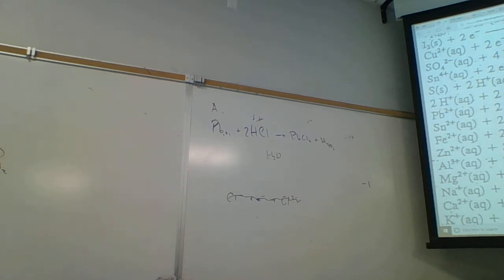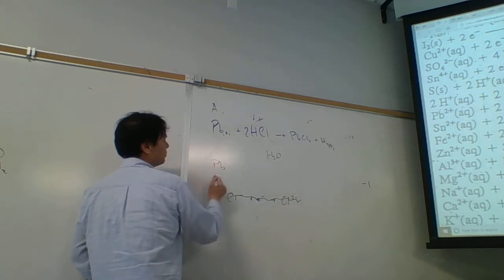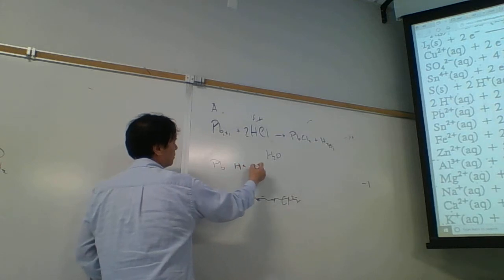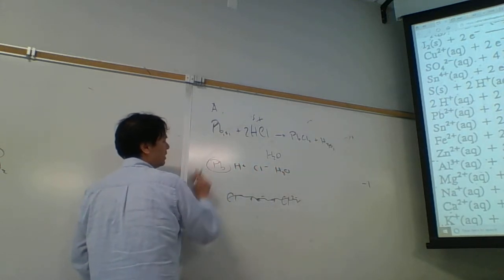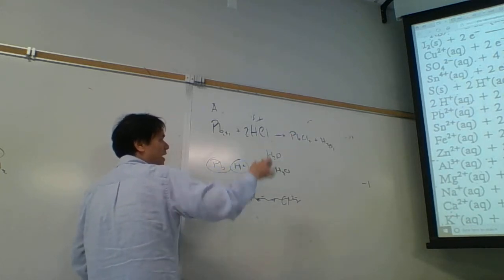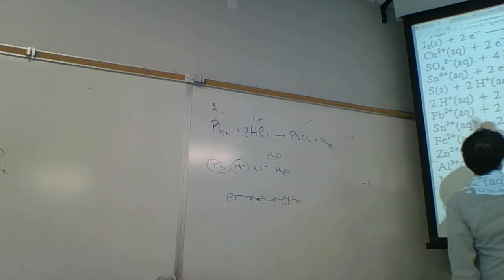Driving force. Alternatively, you don't have to do that. Alternatively, we could just use the chart method. We use the chart method, we inventory lead, H+, chloride, and water. The strongest reducing agent, lead. The strongest oxidizing agent, H+. Then write out the half reactions. Lead goes to lead 2+ plus 2 electrons.